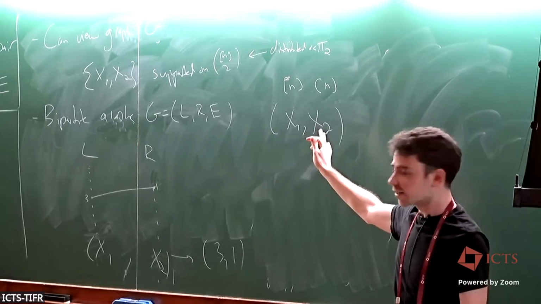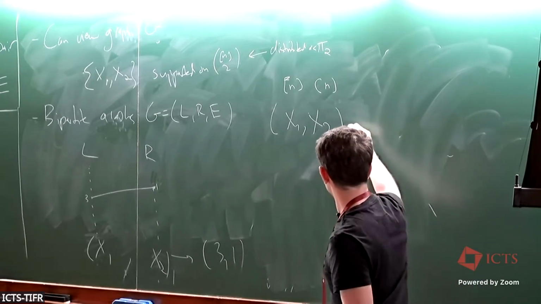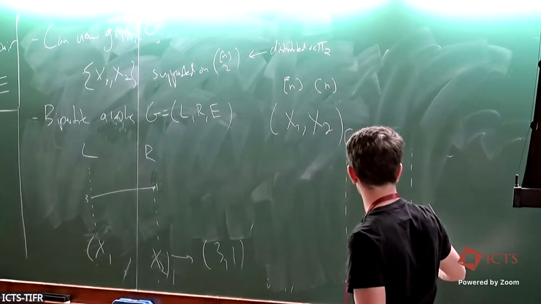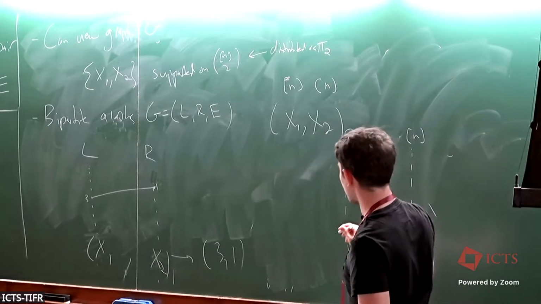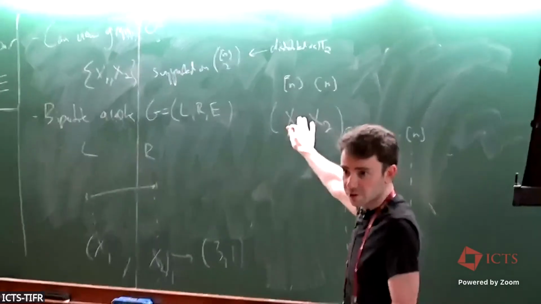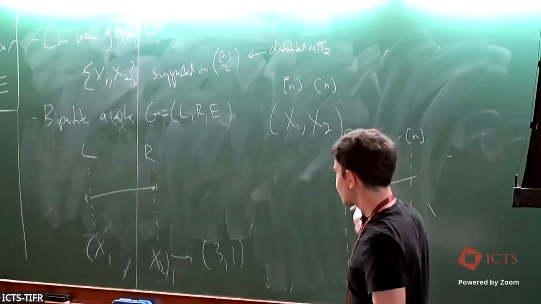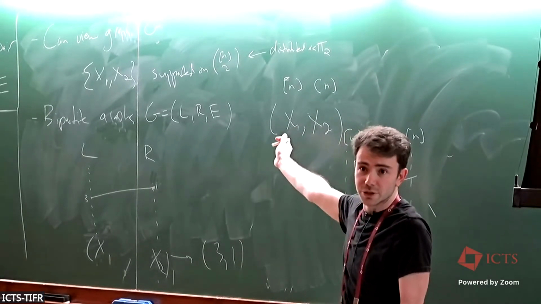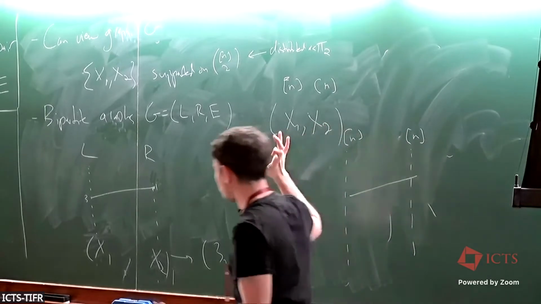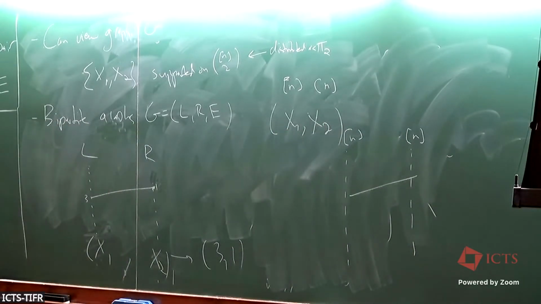How do I get the weighted graph? Bipartite graph. I draw n on each side. For every pair that is in the support of this distribution, I draw an edge, and the weight of that edge is just the probability that the pair appears in the distribution. So these are totally equivalent ways to think about these objects.